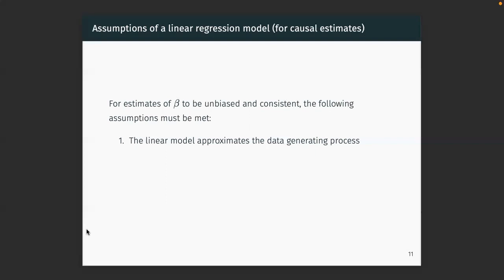And consistent means that it follows the central limit theorem appropriately, right? Consistent means that it will converge to a normal distribution as the number of samples increases.